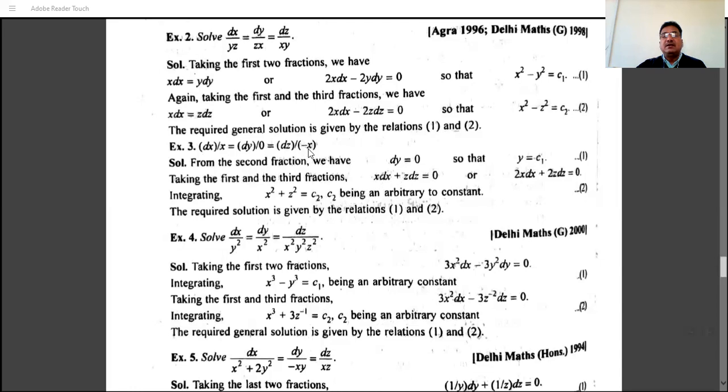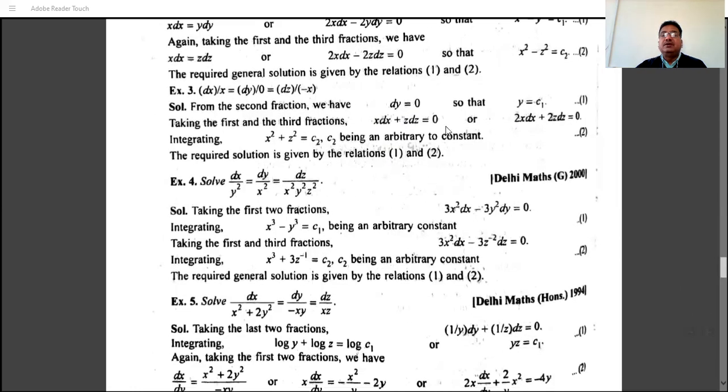So we have x dx plus z dz is equal to 0, and then its integration is x square by 2 plus z square by 2 is equal to, suppose c2 dash is the constant, and then multiplying by 2, we have this answer. So 1 and 2 give the general solution.